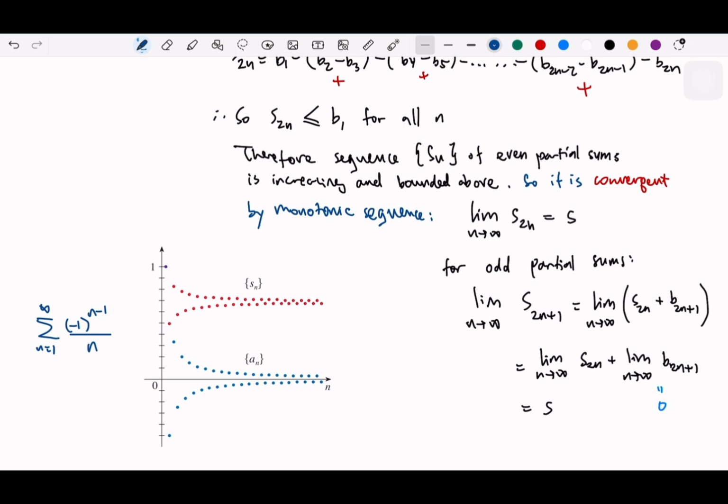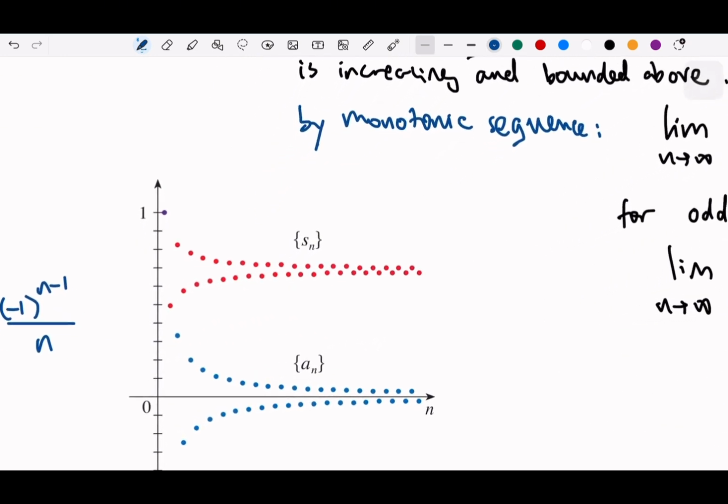Notice that for the Sn, let me just take this. It starts from here and then goes like a zigzag, and then it's going to be around this part, perhaps around 0.8 or 0.7. That's the Sn.